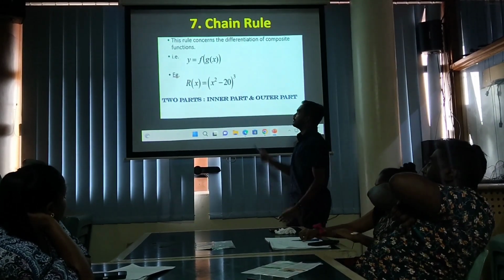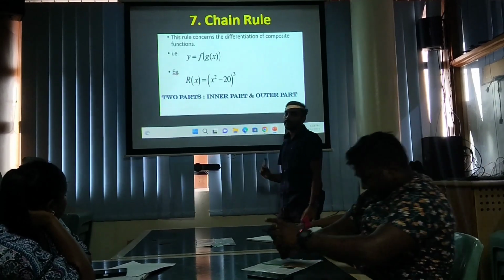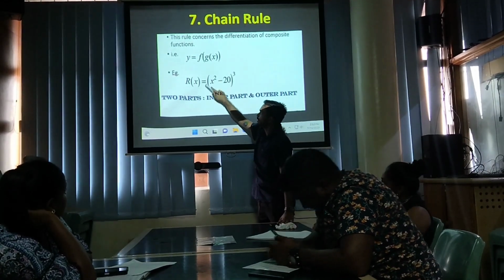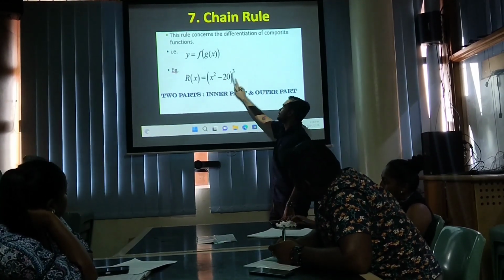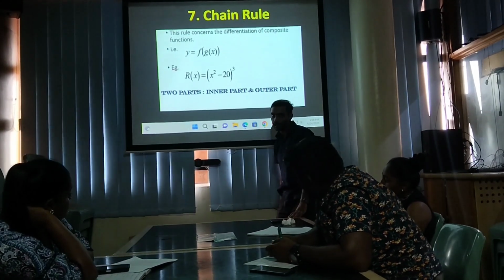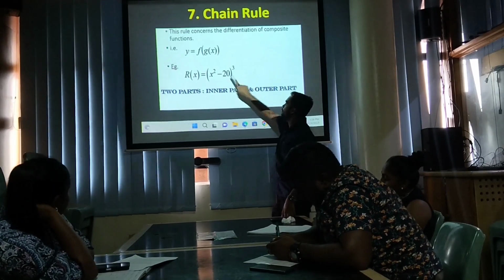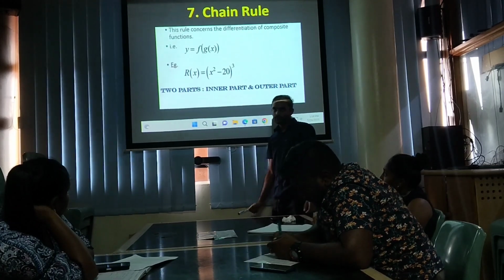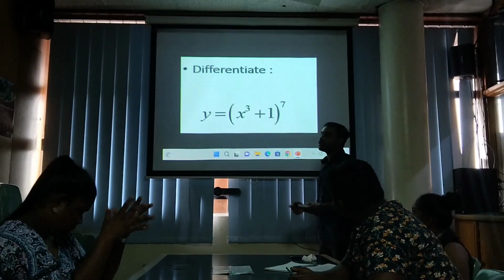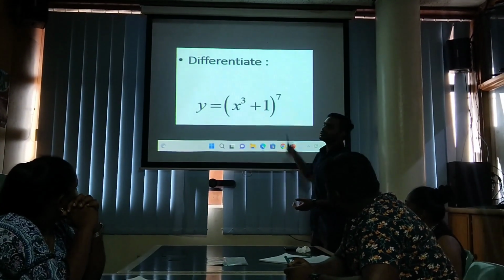The simple steps: the power comes in front, the bracket remains as it is, subtract 1 from the power, and differentiate the bracket. So that's the rule.